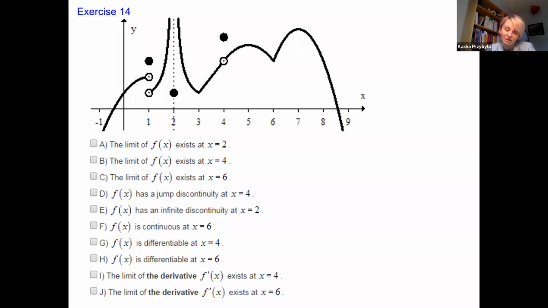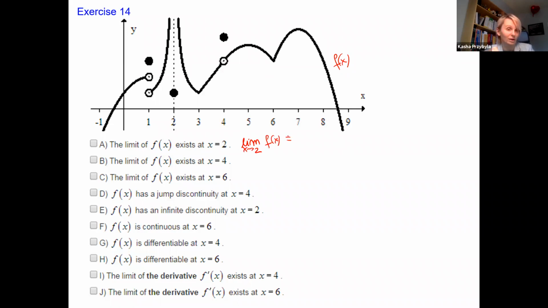Statement A: the limit of the function f of x exists at x equals 2. Do you think it's a true statement? What is the limit as x goes to 2 of the function?